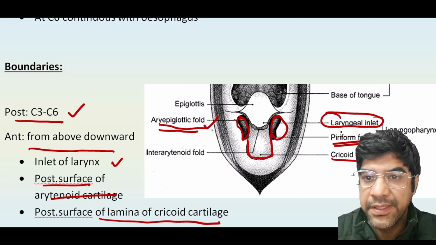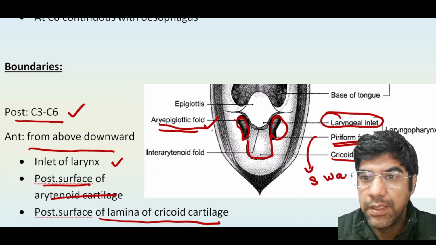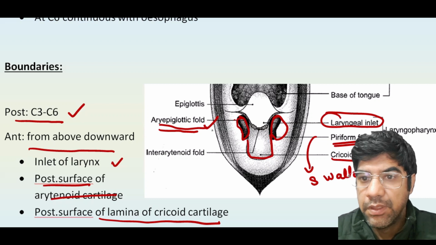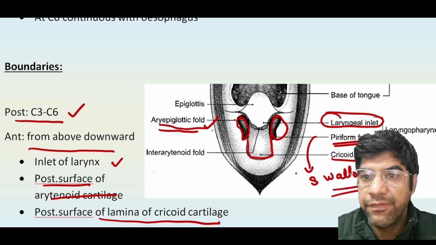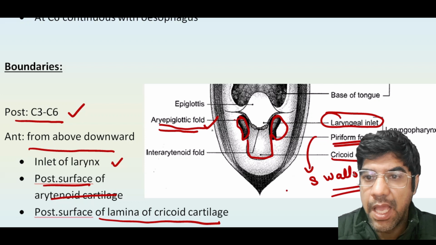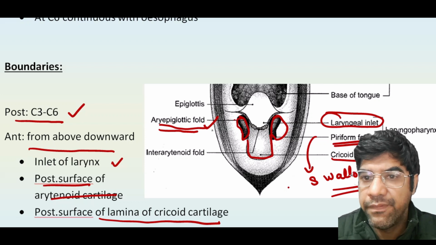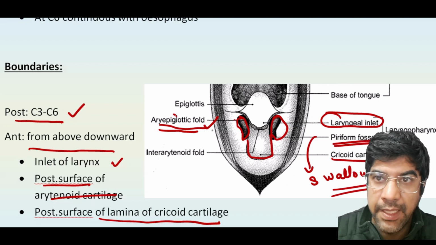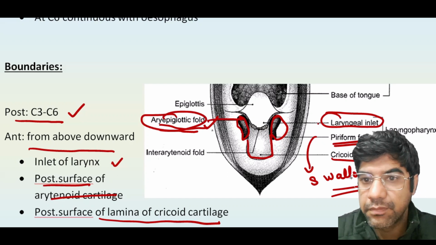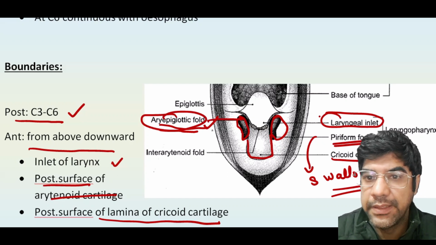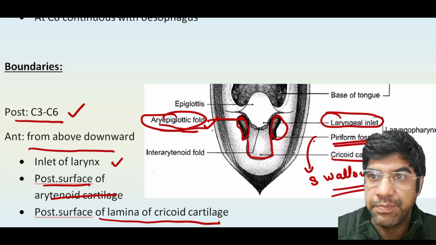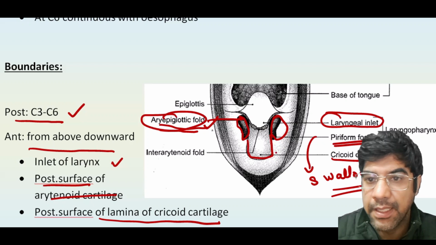It is a depression that plays a role in swallowing. The boundaries of the fossa include the aryepiglottic fold medially, and the thyroid cartilage and thyrohyoid membrane laterally.